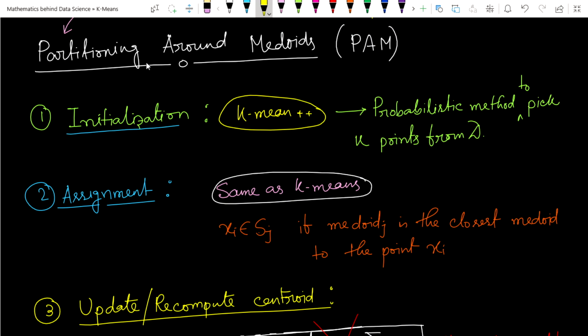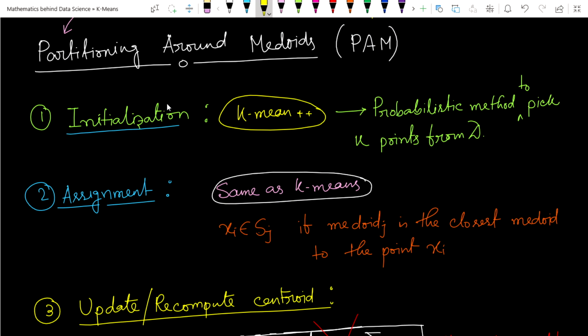We have to use the Partition Around Medoids technique. The first stage is initialization, which is the simple probabilistic method that we have already seen in the K-means++ technique. The same thing we have to maintain.